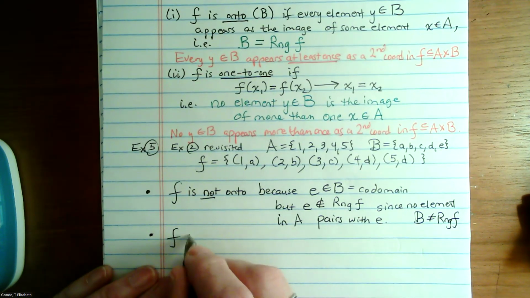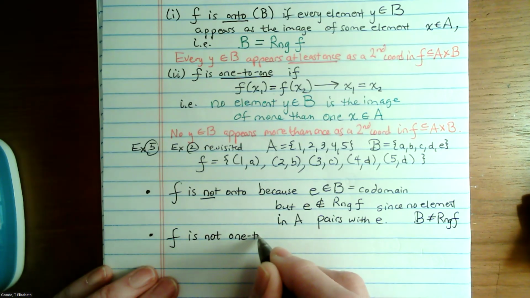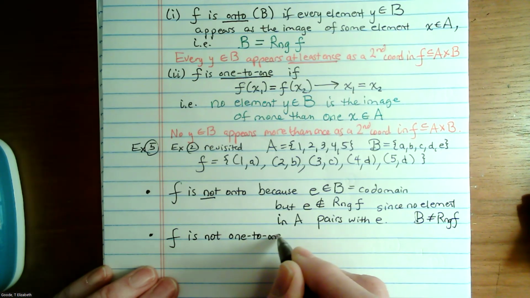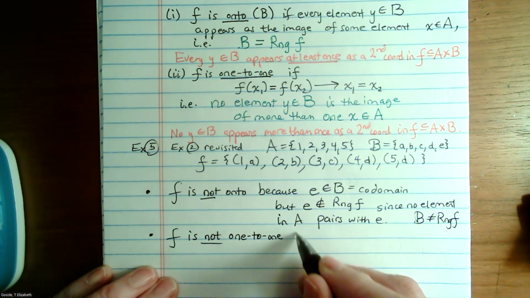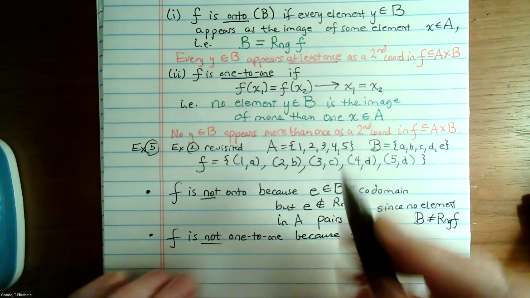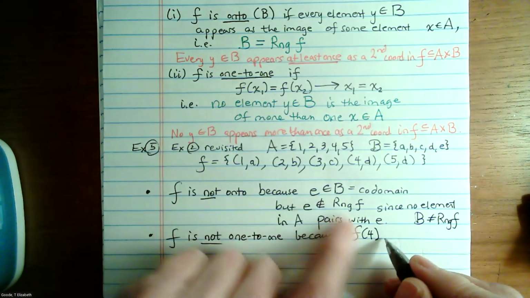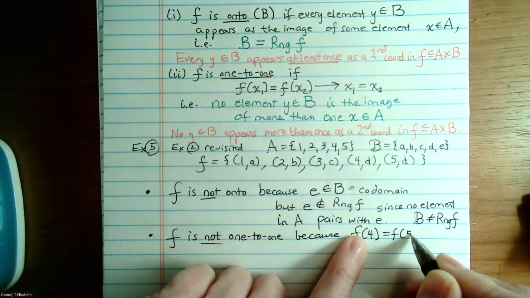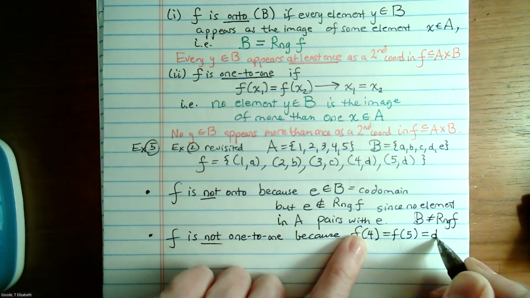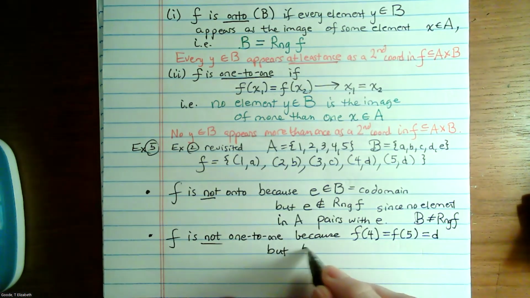So F is not 1 to 1, because F of 4, right, it's P and not Q, right? So F of 4 equals F of 5. They're both equal to d, but 4 is actually not equal to 5.